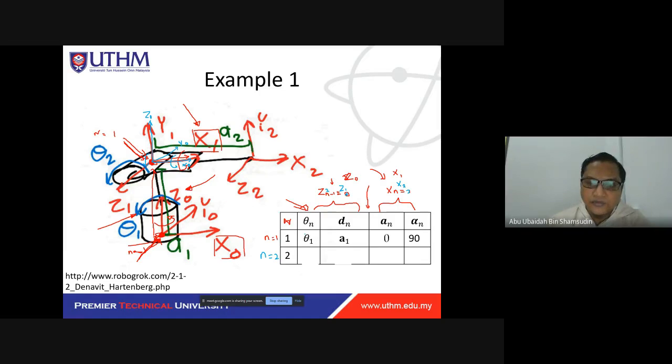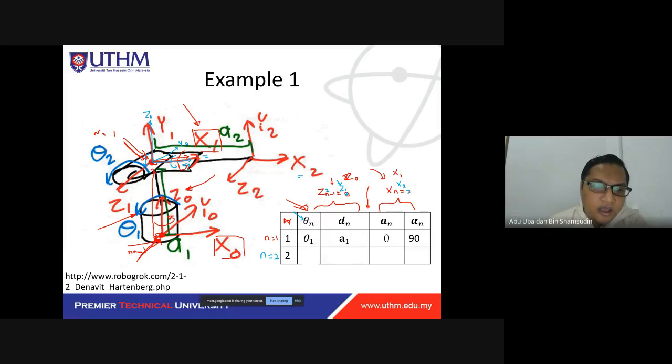So let's see, for theta, we need to rotate about z1, right? We need to do the rotation of z1 so that the axis of x1 is the same as x2.